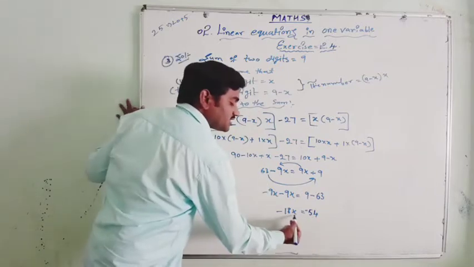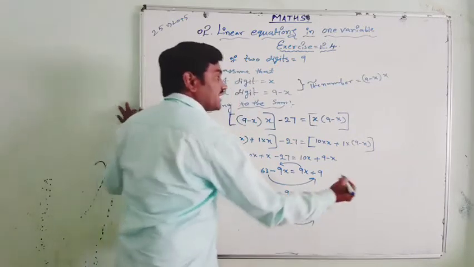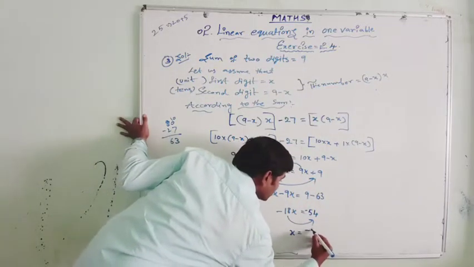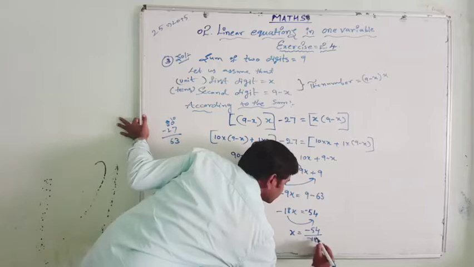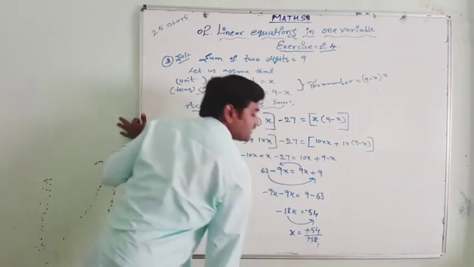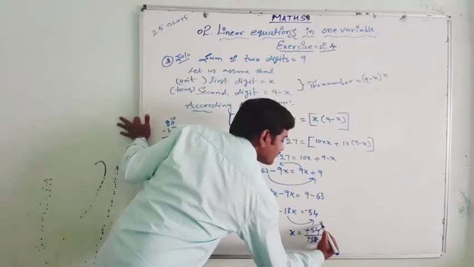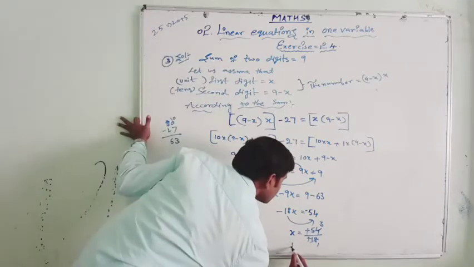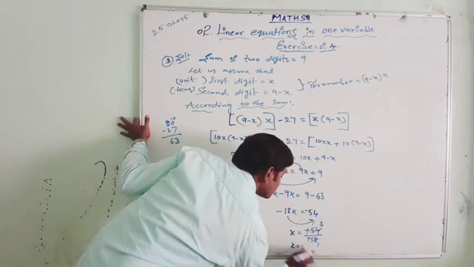Since minus 18 is multiplying, it transfers as a divide: minus 54 by minus 18. The minuses cancel. 18 threes are 54. So x equals 3.